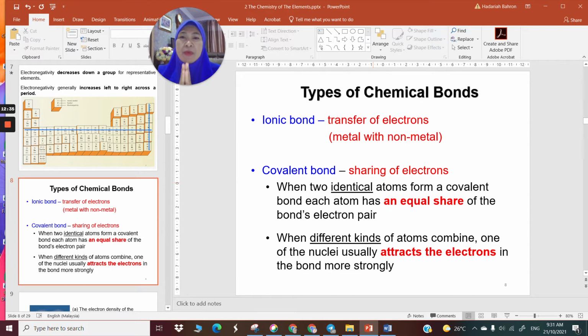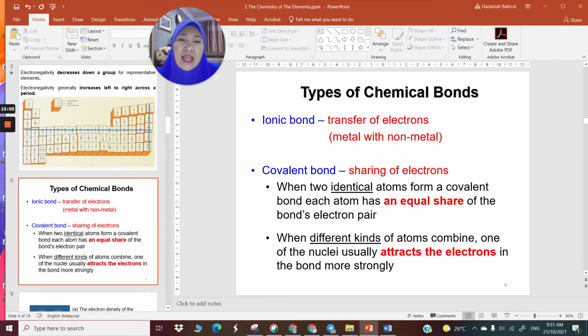When you have two identical atoms forming a covalent bond, for example one hydrogen atom bonded to another hydrogen atom, because they are equal atoms, they have equal strength in attracting electrons to themselves. So there is an equal sharing of the bonded electrons between the two hydrogen atoms.